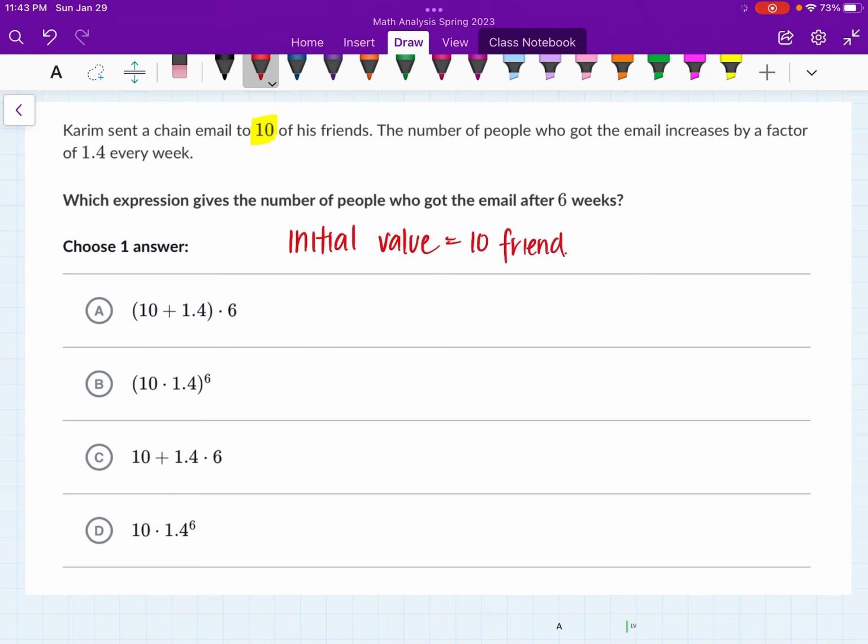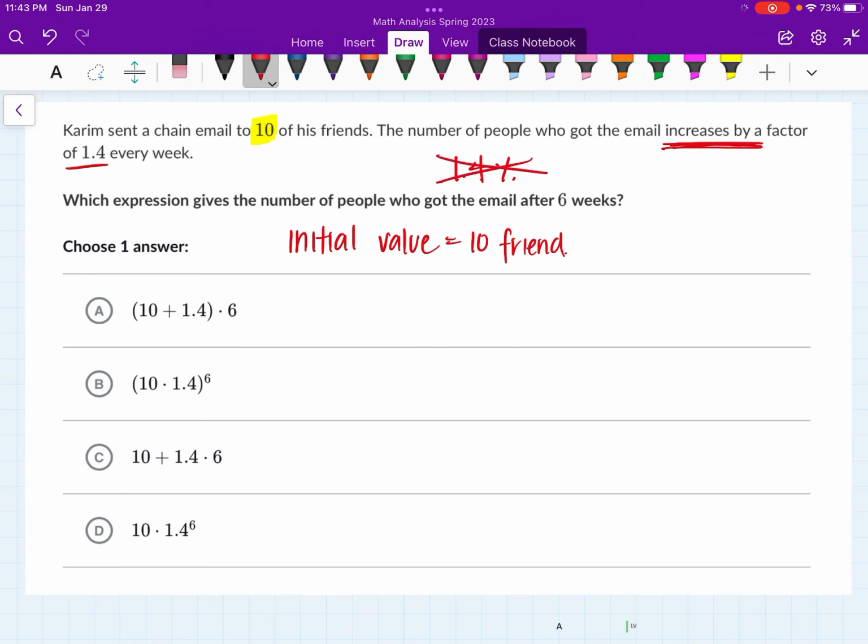Now, it says that there is an increase factor of 1.4 every week. We are not given a percent, which means this is most likely already converted into a decimal. So we don't have to do that additional conversion because it's not a percent.